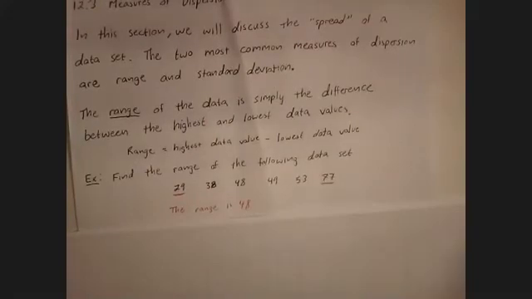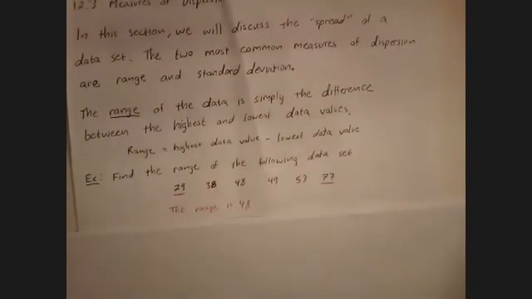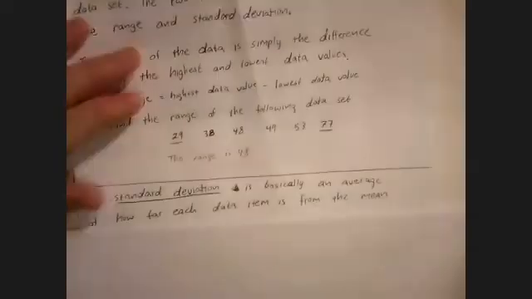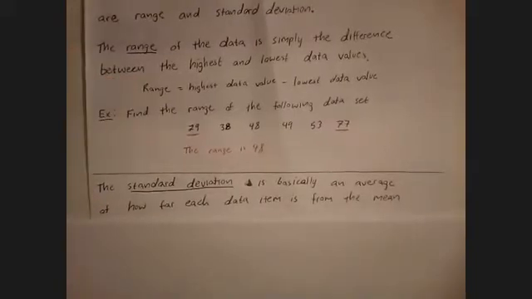All right. But then the other method of dispersion is a lot more complicated. That's standard deviation. So the concept of a standard deviation is simple. It's basically an average of how far each data point is from the mean. Okay.